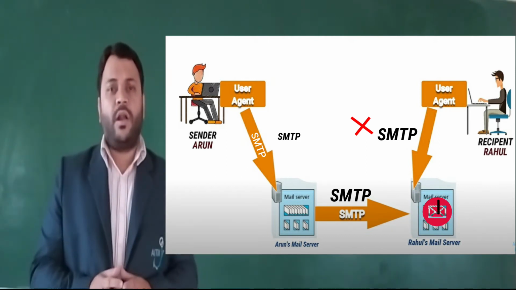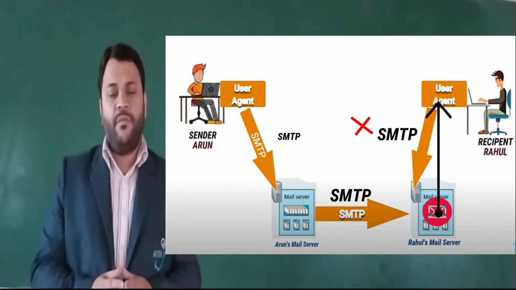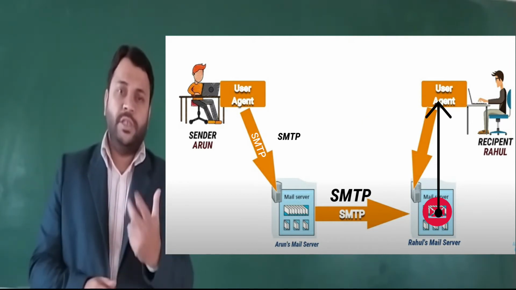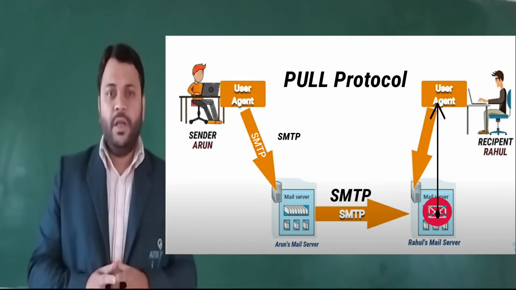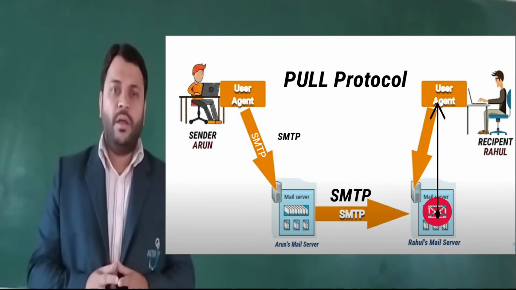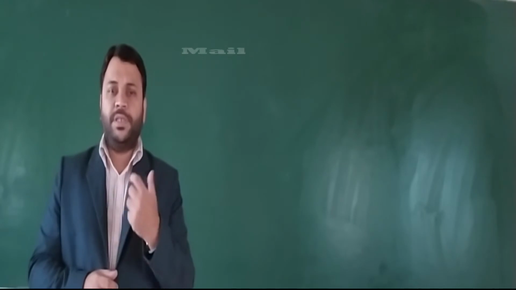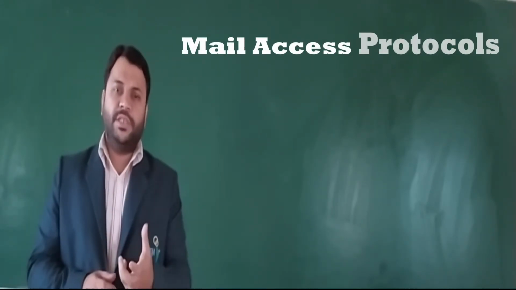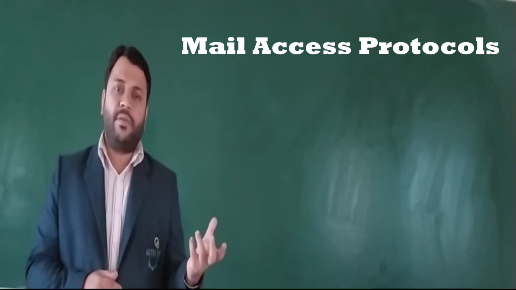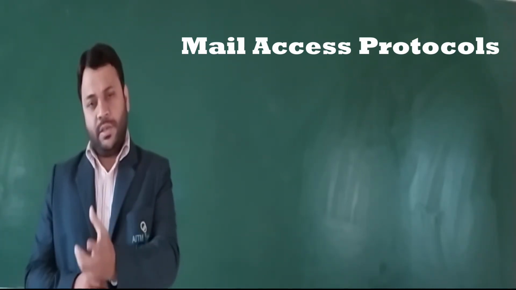So to get Rahul's mail messages from the mail server, his user agent must use a pull protocol. This puzzle is solved by introducing special mail access protocols that transfer messages from Rahul's mail server to his local system.